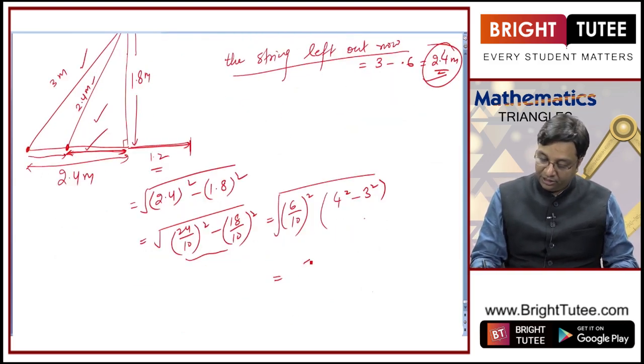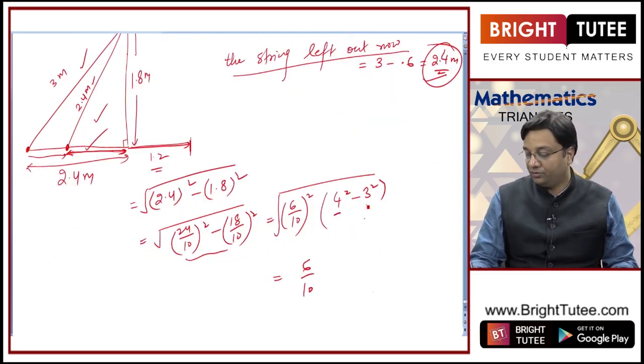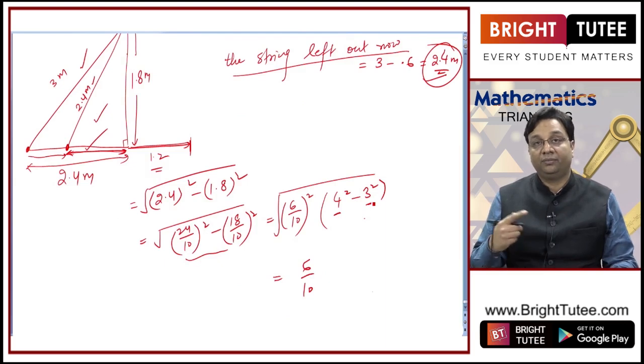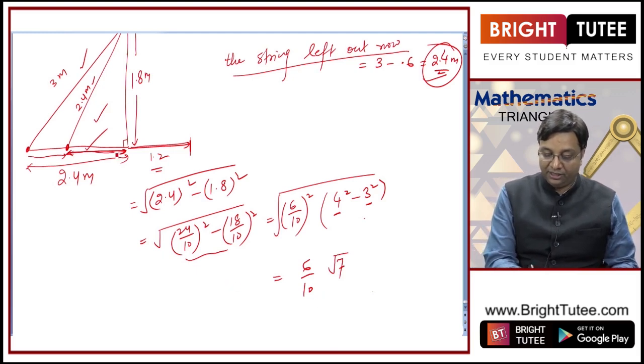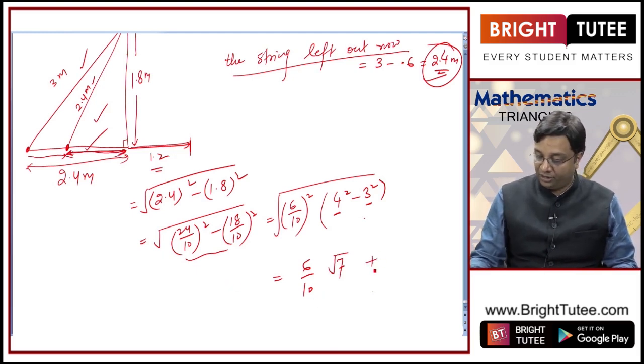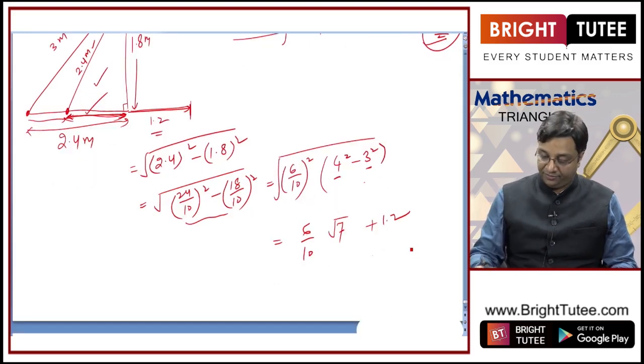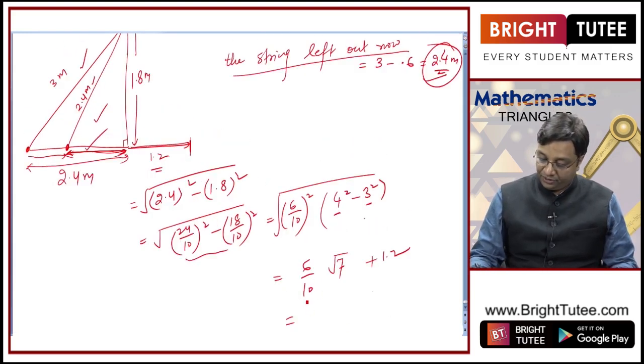So 6 by 10 will come outside, and 4 square minus 3 square, that is 16 minus 9, which is 7. So I'll have square root of 7 outside. Now this will be the distance, and if I add 1.2 in it, I'll get my answer. So this is equal to 0.6 into root 7 plus 1.2.